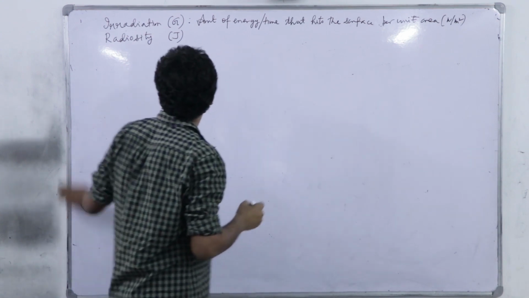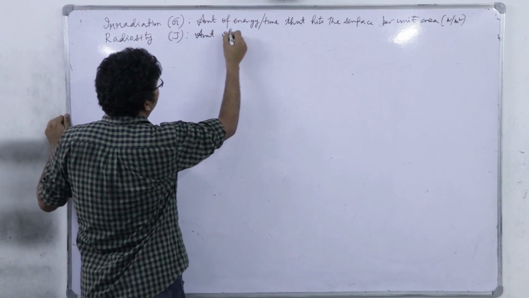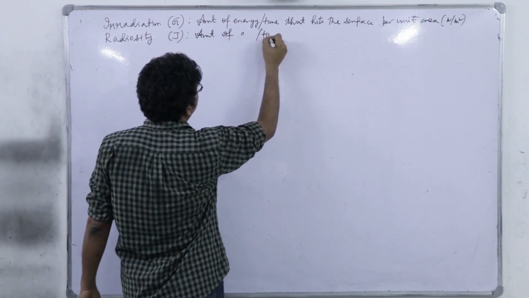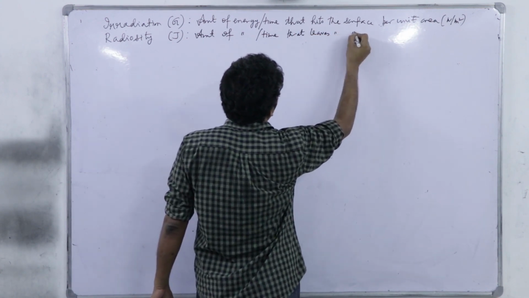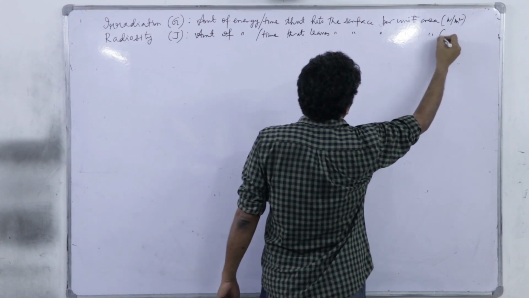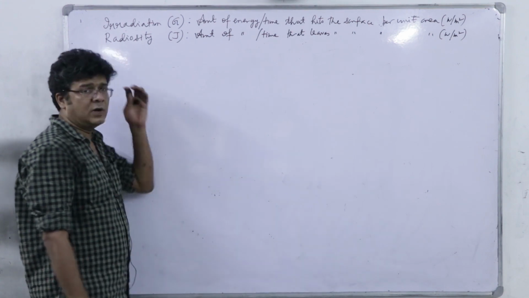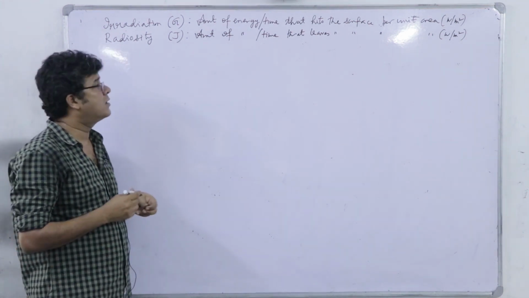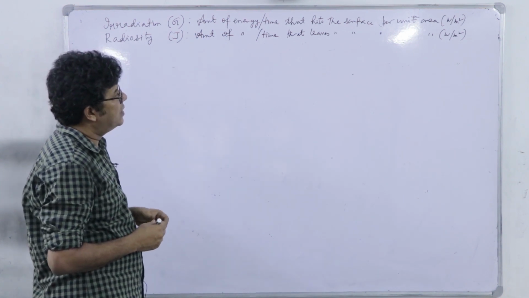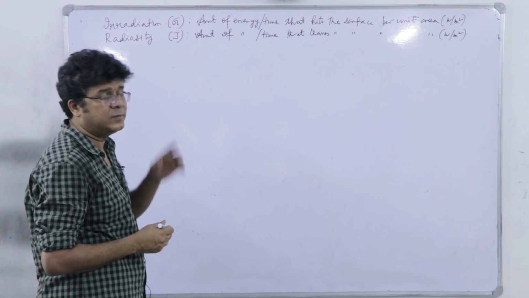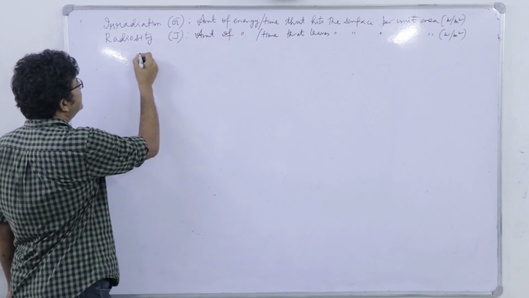And radiosity is the amount of energy per unit time that leaves the surface per unit area. So it is also watt per meter square. These two are fundamentally important terms we are repeatedly going to use in this entire discussion of radiation exchange between gray surfaces.